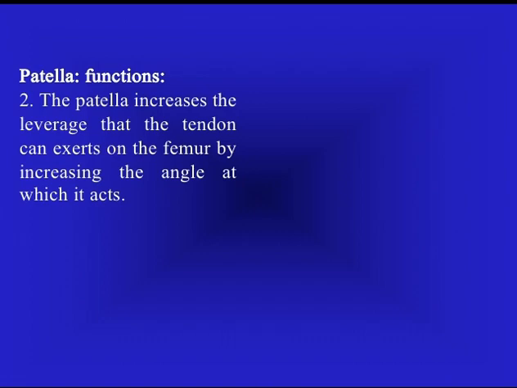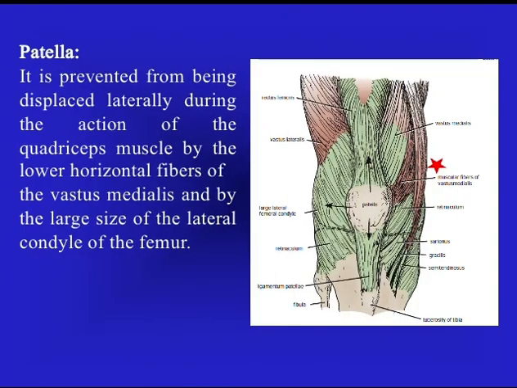It acts as a pulley to increase the strength of the quadriceps tendon. The patella is prevented from being displaced laterally during the action of the quadriceps muscle by the lower horizontal fibers of the vastus medialis and by the large size of the lateral condyle of the femur.